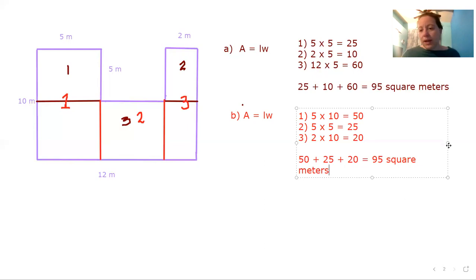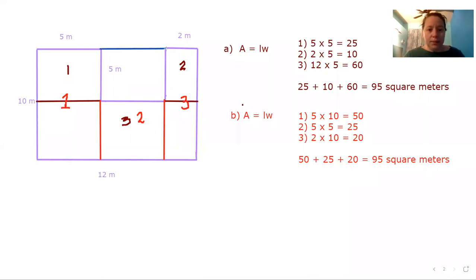Now, there was one other way that the book had of solving this, and I will show you the last way, even though it's not really the way that I had us doing it much. And that way we're going to use blue, I think. So text is in blue, drawing is also in blue.